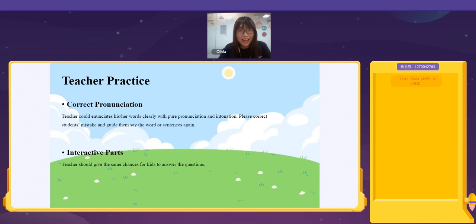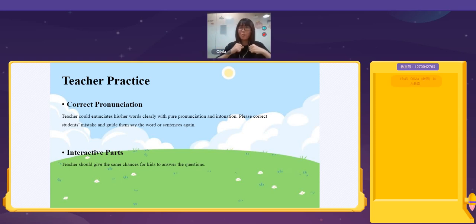Okay, and besides this, teachers should have the ability to guide kids to repeat after teachers one by one, or all together. For example, when the teacher teaches kids to say, hello, Orange, the teacher could make the kids repeat after you together.